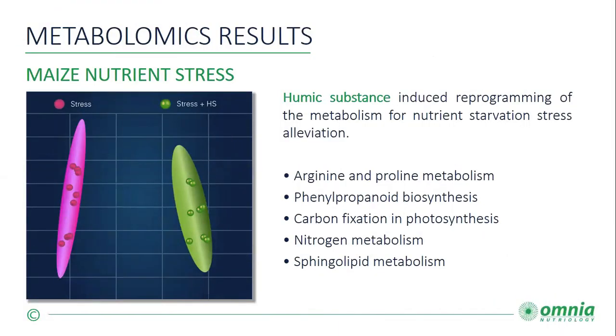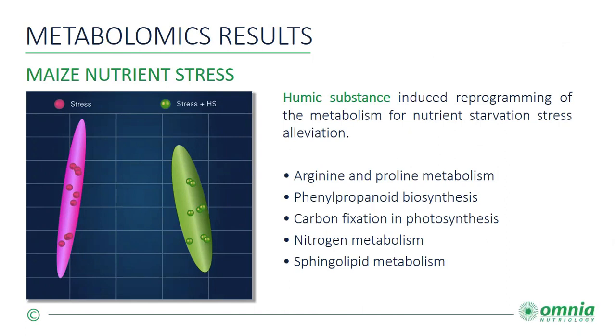Moving on to the next study, we have a look at a maize trial that was conducted under nutrient stress conditions, where humic substance was then applied. As with the previous data, this infographic shows the distribution of different samples based on the underlying metabolic profiles.